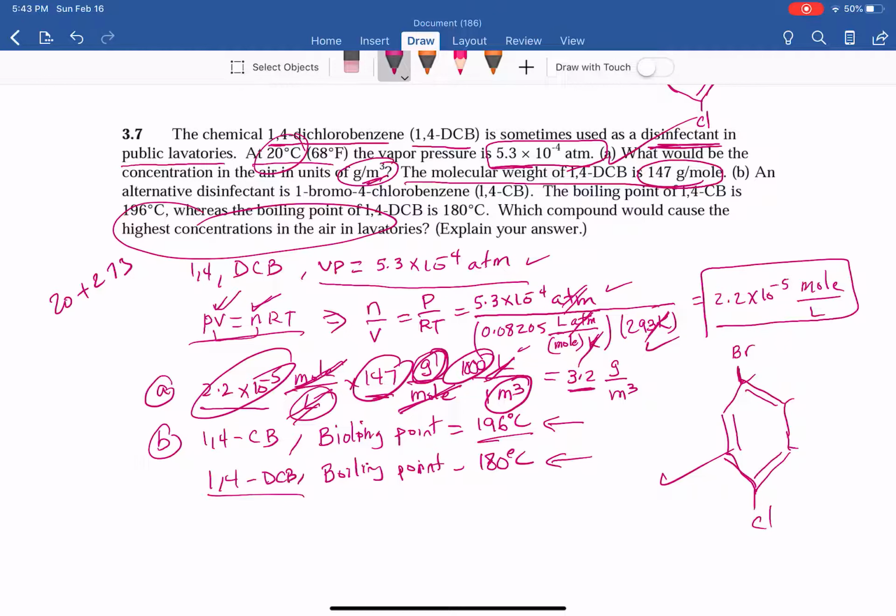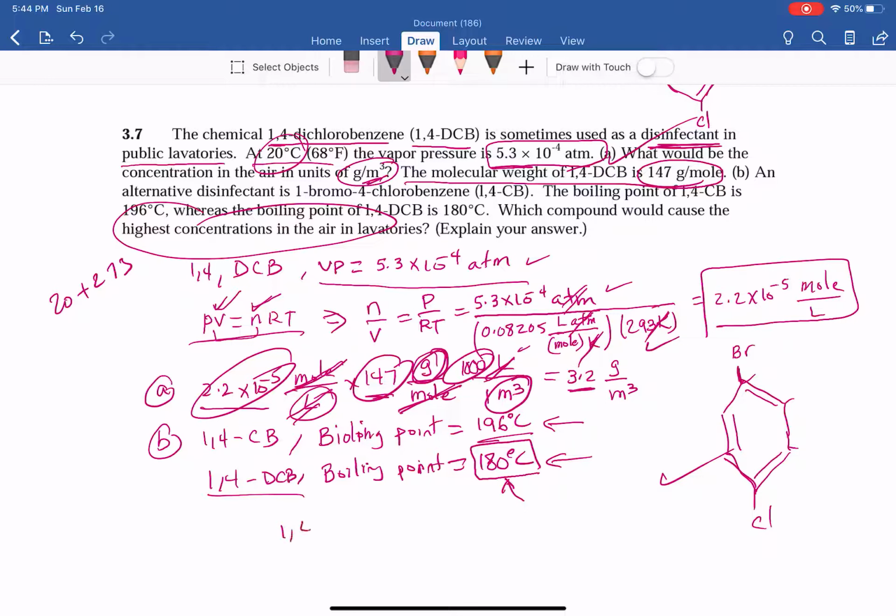Will volatilize easily. Of course, the one with the higher vapor pressure will volatilize easily. But also, we should look at the boiling point. If the boiling point is very small, it means it will volatilize quicker, more easily. It will be found at the highest concentration in the air. So the answer is that the chemical with the highest air concentration would have the lowest boiling point.